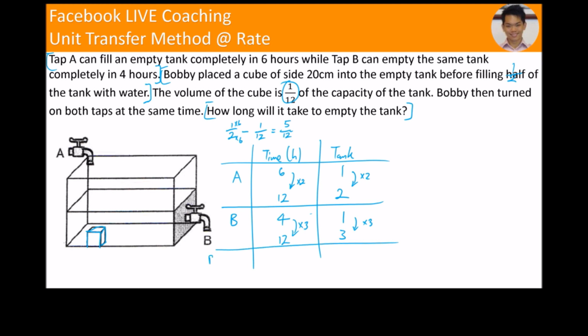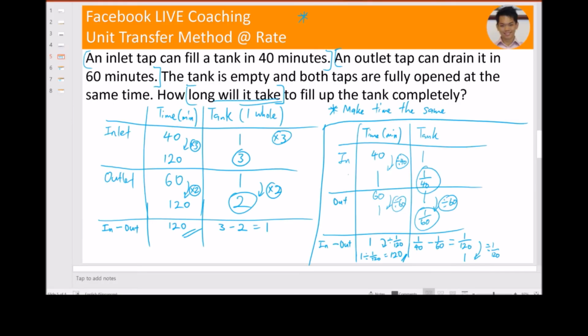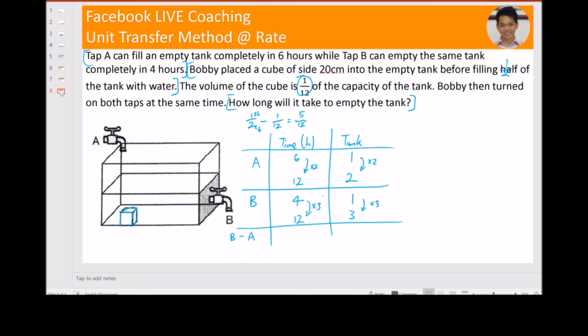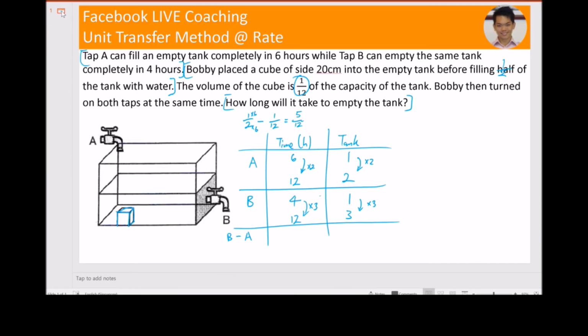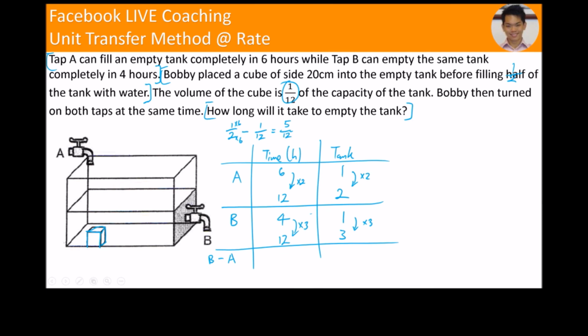So when you take B minus A, what happens?